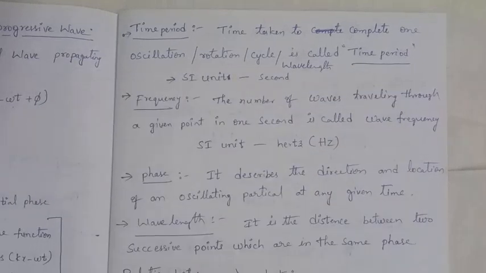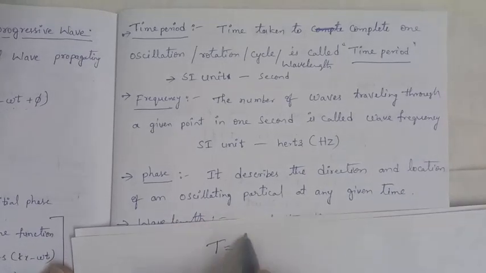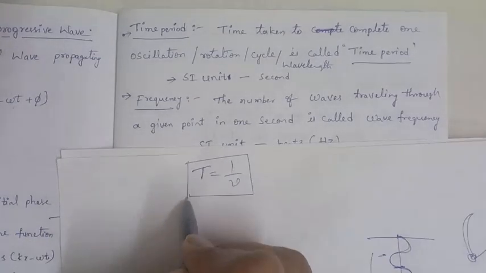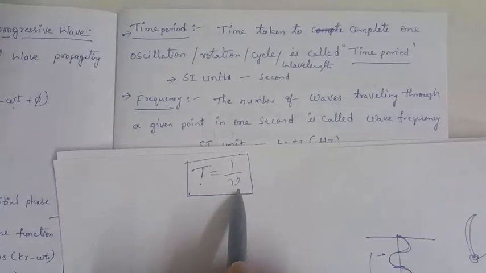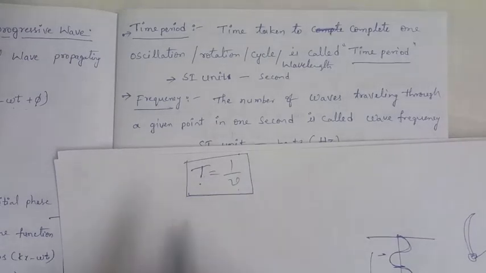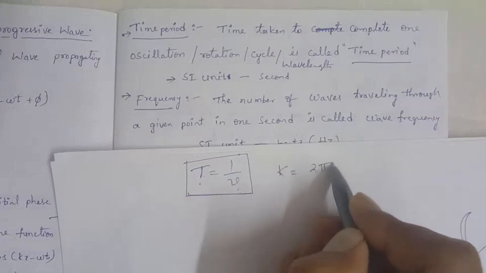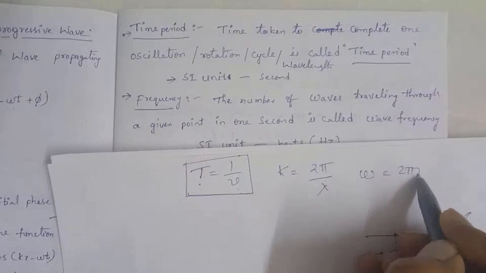What is the relation between frequency and time period? They are inversely proportional. Time period T is equal to 1 by nu. All of you remember this formula, you already learned it in your first year. And you have to remember the formulas: k is equal to 2 pi by lambda, and omega is equal to 2 pi nu.